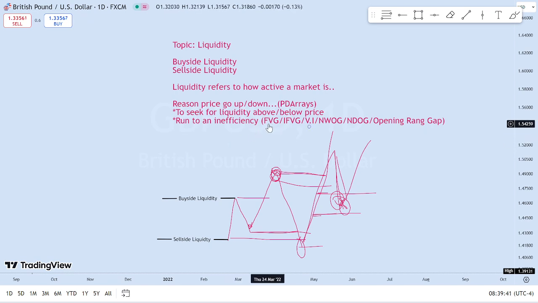We have fair value gap, inversion, volume imbalance, new week opening gap, new day opening gap, opening range gap. All those are voids. When these occur, we normally see a gap between two candles. That's an inefficiency, a hole.